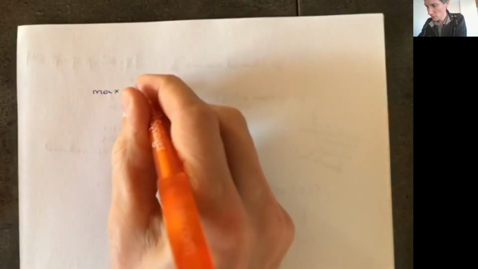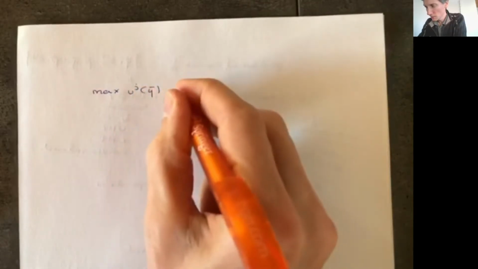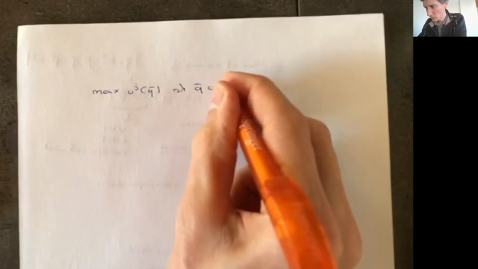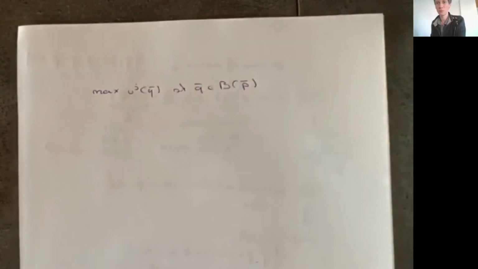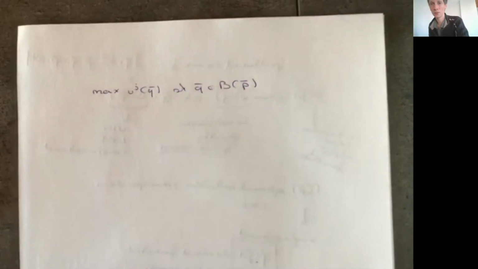Okay, so let's recall what we have so far. We had a consumer that maximizes his utility, subject to Q is in the budget set at some price. We haven't talked about prices yet, but for now, take the price fixed.